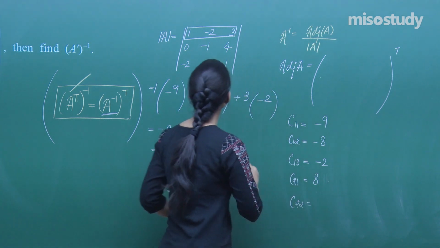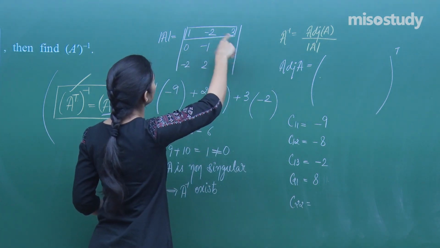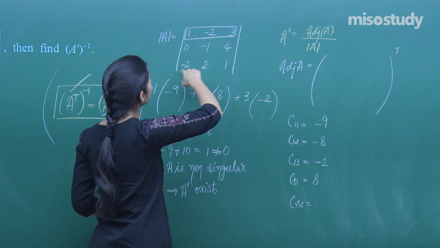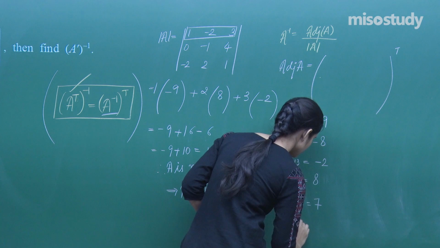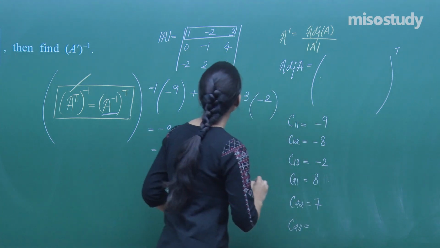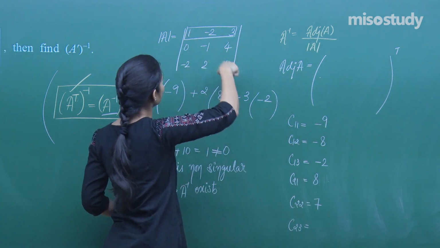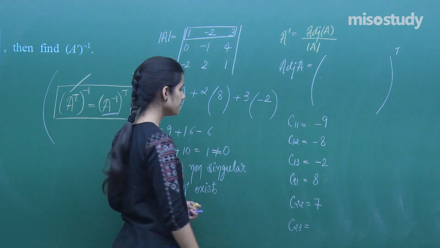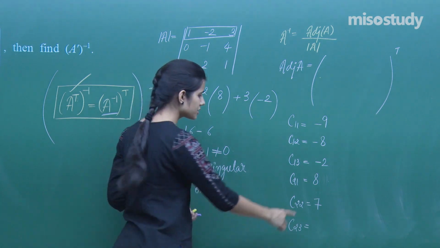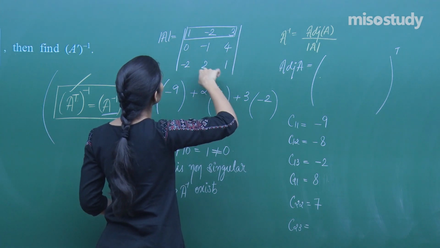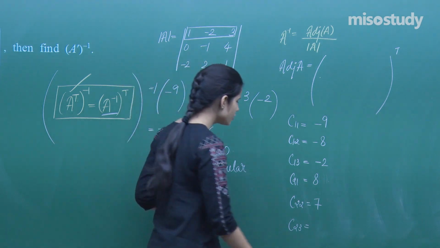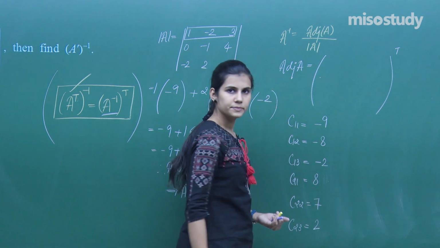Then C22, second row, second column, it will be 1 plus 6, that is 7, and -1 to the power 4 is 1 only, so the sign is not going to change. Then C23, it is 2 minus 4, which is -2, so it will just be 2.